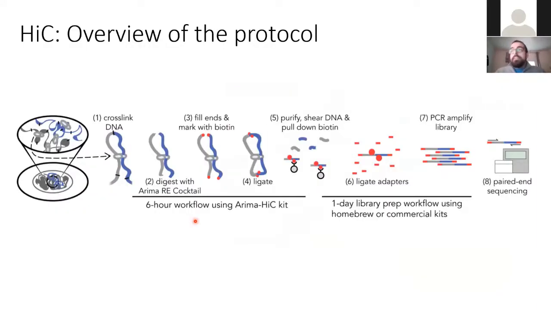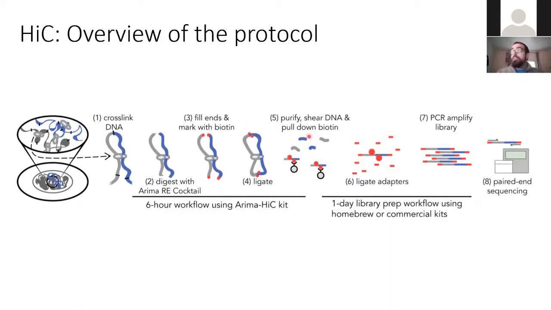So Hi-C is a technique where you cross-link the DNA in your cells, allowing the DNA that is physically close to one another to be attached. And then you cut this DNA, you mark it, and you attach it. So the DNA that was physically close to one another is now a continuous sequence.